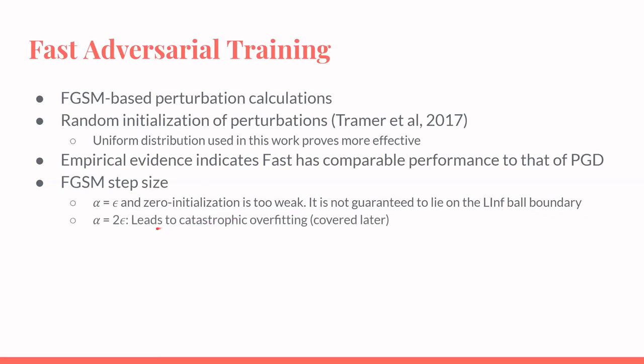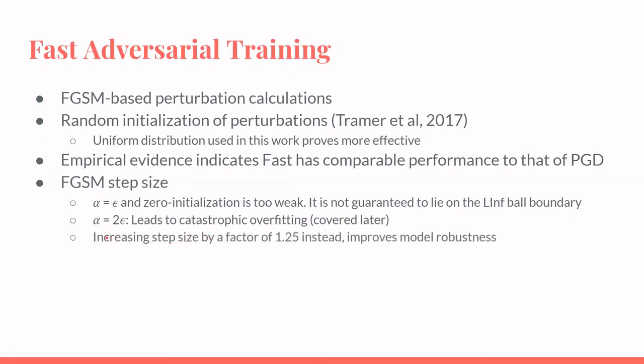And when the FGSM step size is equal to 2 times epsilon, this leads to catastrophic overfitting. Catastrophic overfitting is a concept introduced in this paper, and essentially what you need to know is it's bad. It causes training to fail.